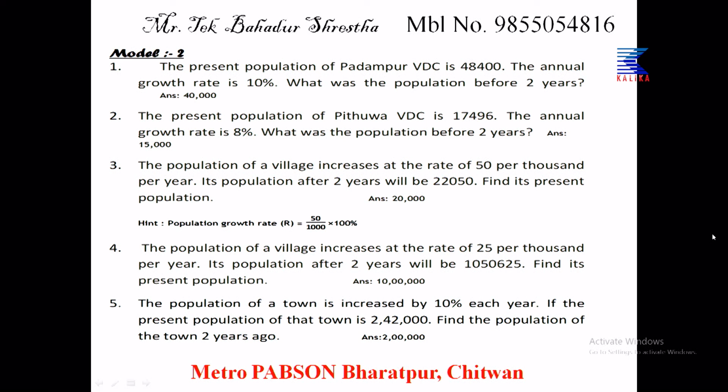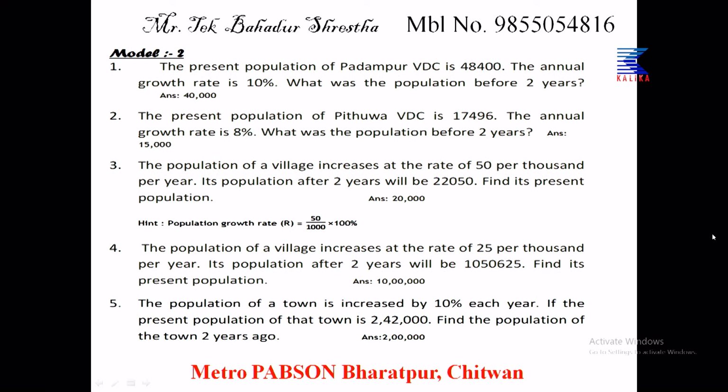The present population of Padampur VDC is 48,400. The annual growth rate is 10%. What was the population before 2 years? It means the present population is Pt in this question. Then we have to find the value of P, because we have to find the population before 2 years.